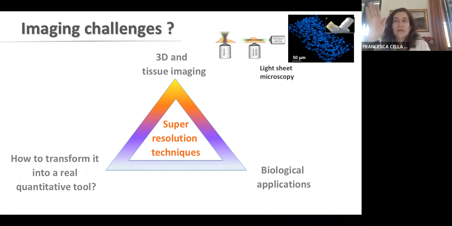So having the technique itself is nice, but is not enough. The technique needs to get close to the biology to match the requirements of the sample.